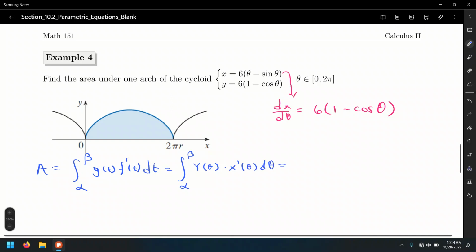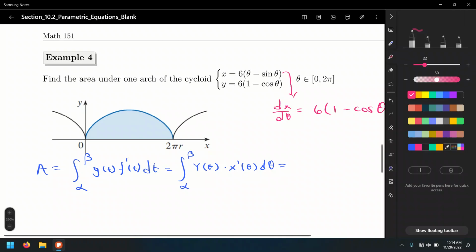And let's just set it up. So our y of theta, let me highlight it actually so you can refer to what it is, is this part right here, while our x prime of theta is going to be this derivative I found earlier.